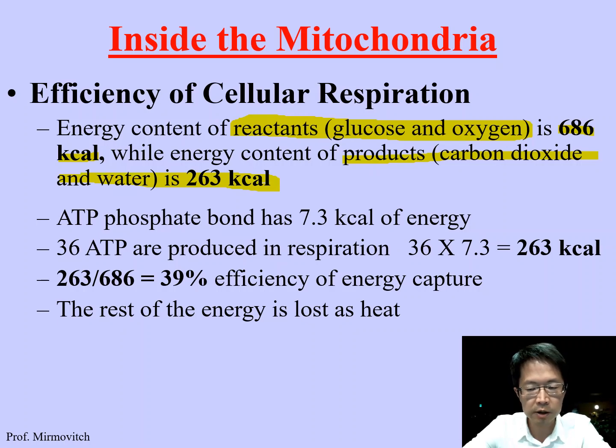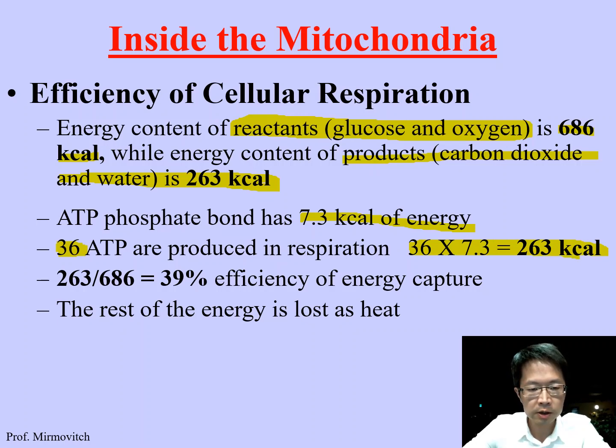What about the rest of the energy? The phosphate bond in ATP has 7.3 kilocalories of energy. If we take 36 ATP as the total ATP we produce, then all the ATP we have has 263 kilocalories as well.